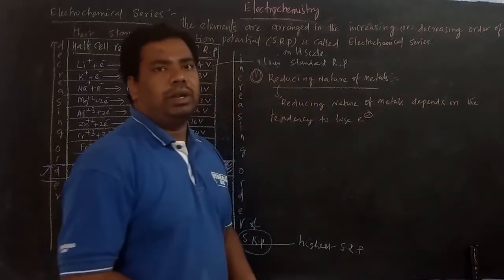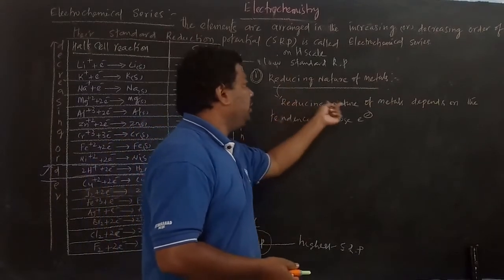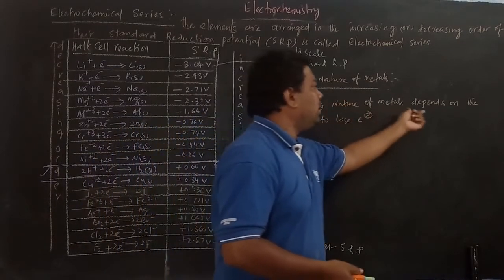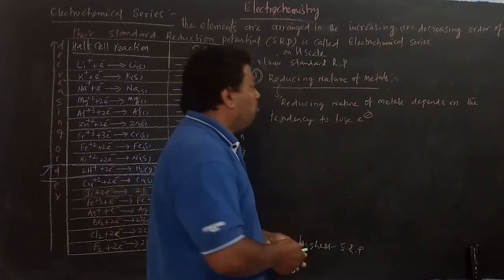That is very important, students. So what is the reducing nature of metals? The reducing nature of metals depends on the tendency to lose electrons.